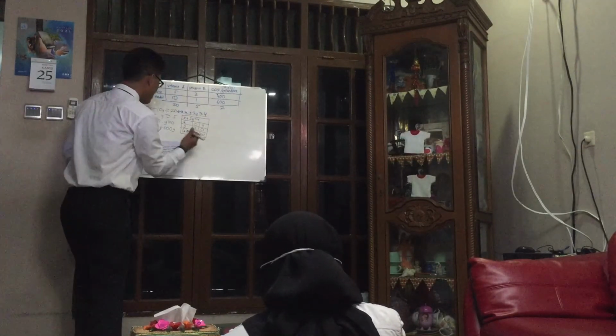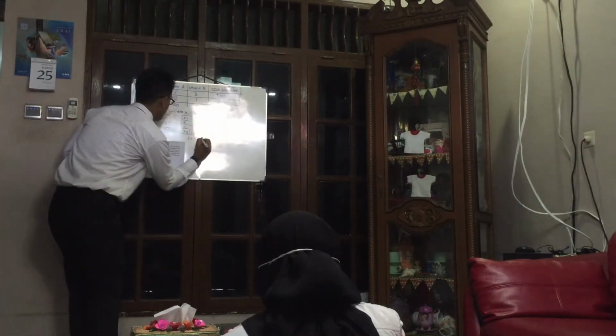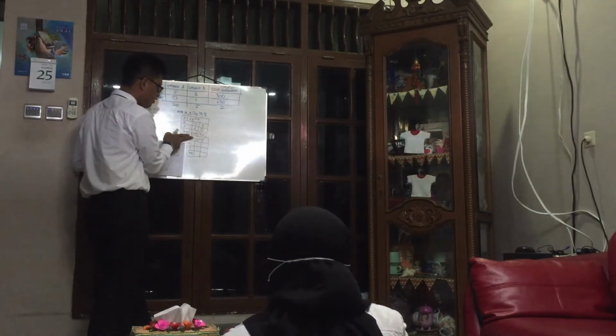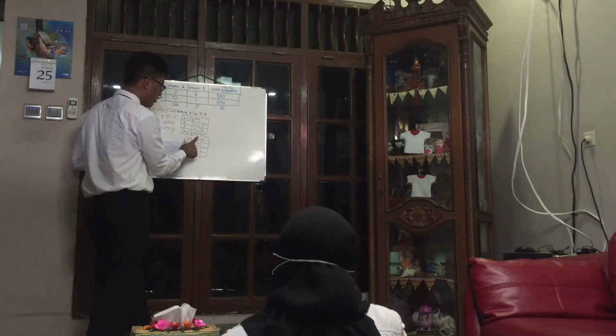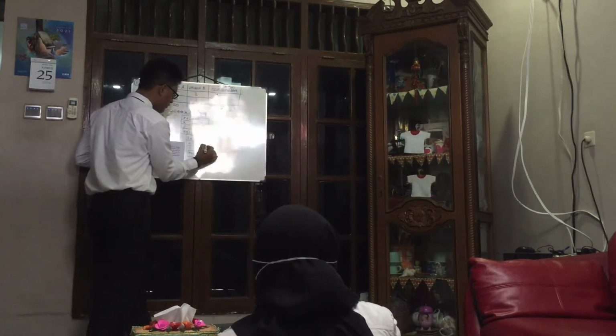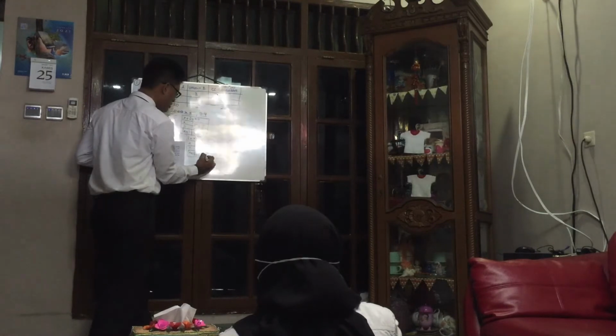For the second, 3x plus y equals 5. If x is 0, y is equal to 5. Good. And if y is 0, x is equal to 5/3. So we got 0, 5 and 5/3, 0.